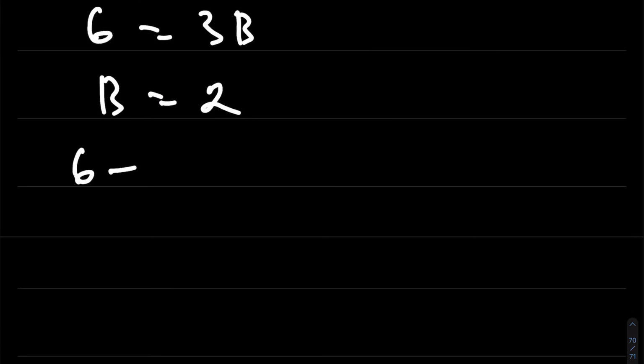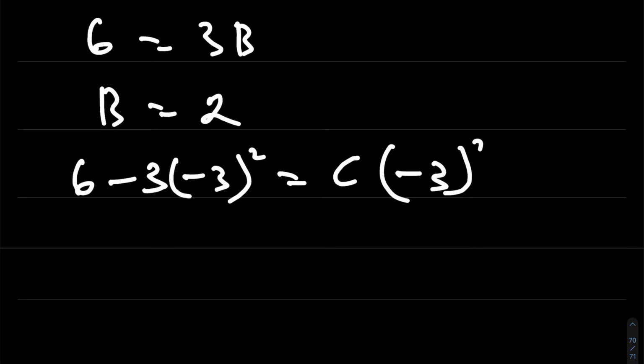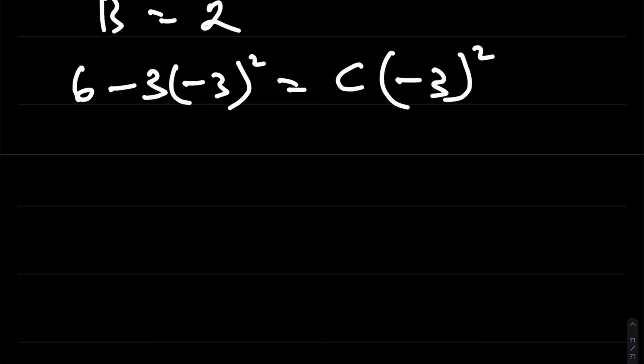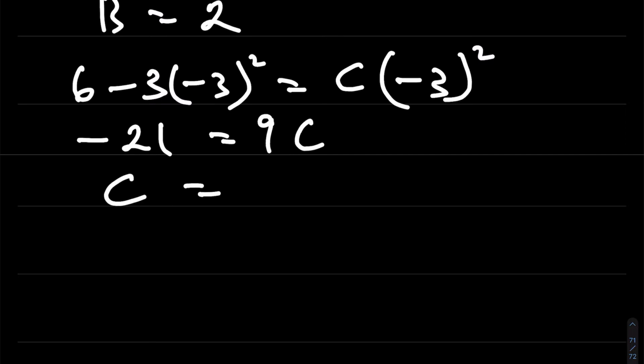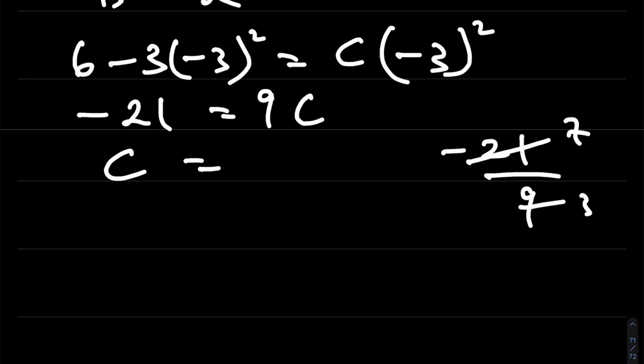That means 6 minus 3 times minus 3 squared equals c times minus 3 squared, and that simply means minus 3 squared is 9 times minus 3, that's minus 27. 6 minus 27 is minus 21 equals minus 3 squared is 9 times c, that's 9c, and that means c equals, when we divide both sides by 9, c will be minus 21 over 9, which is minus 7 over 3.